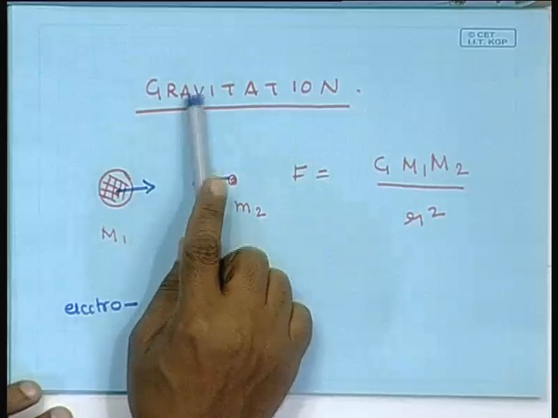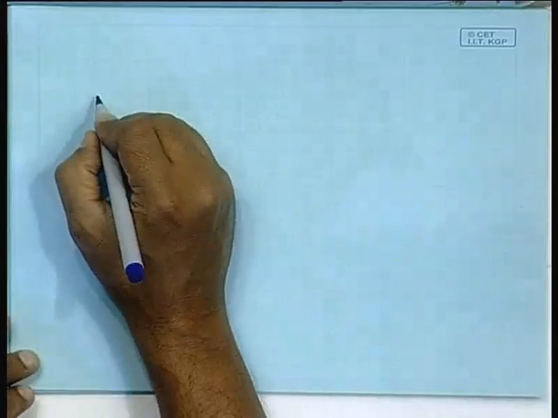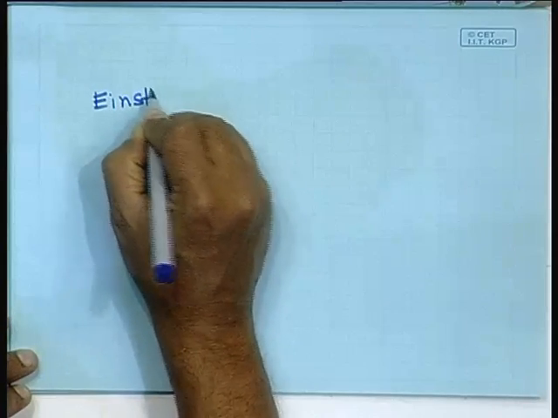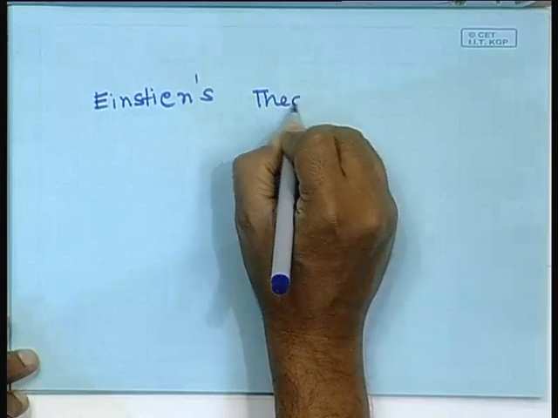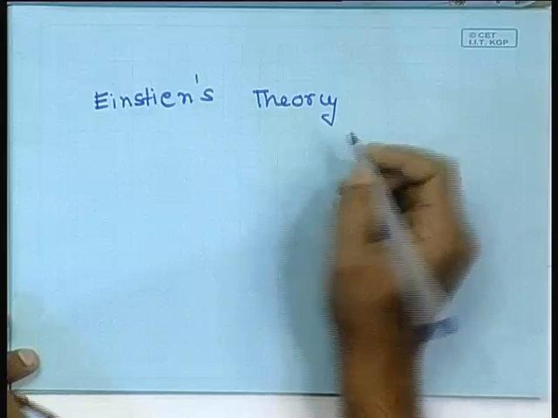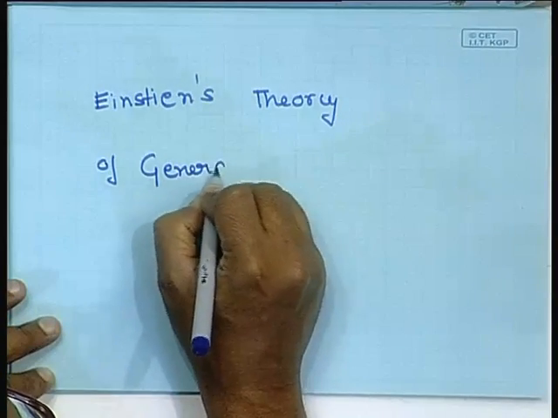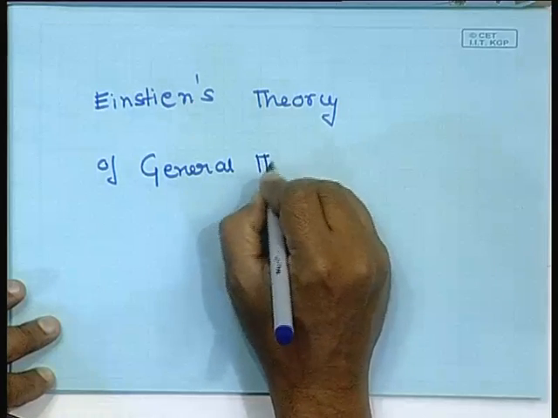As far as gravitation is concerned, the final story as it stands now was proposed by Einstein. So you have Einstein's theory of general relativity, which is believed to be the correct theory for gravity.